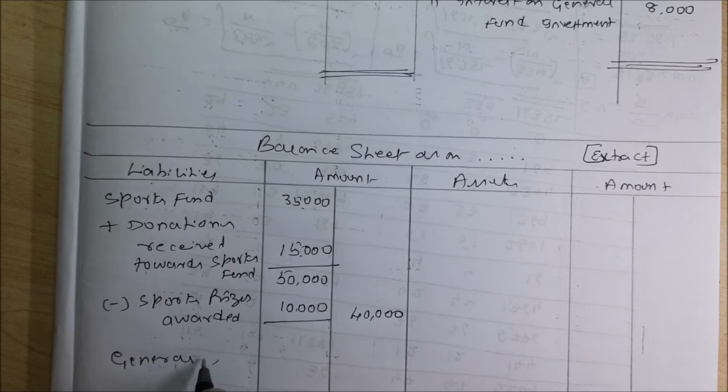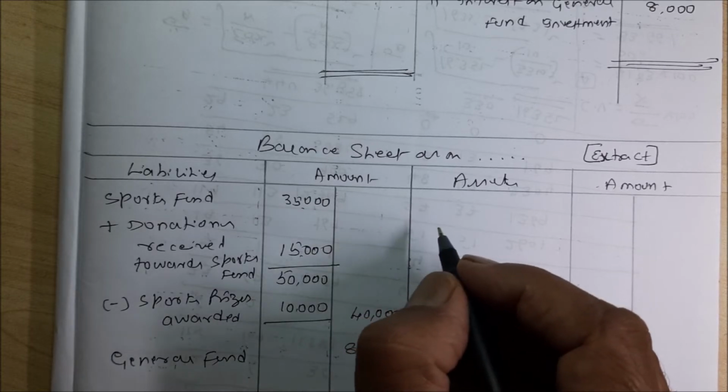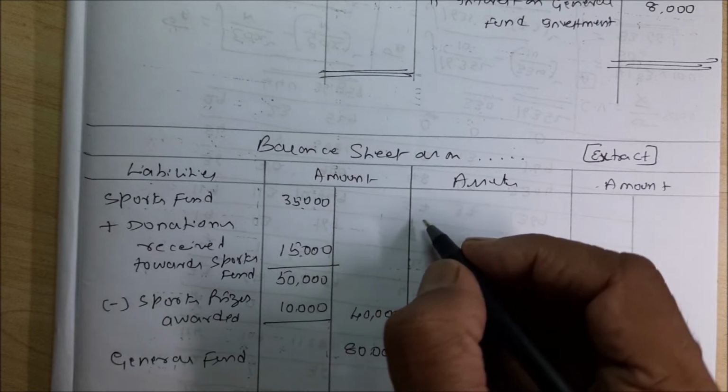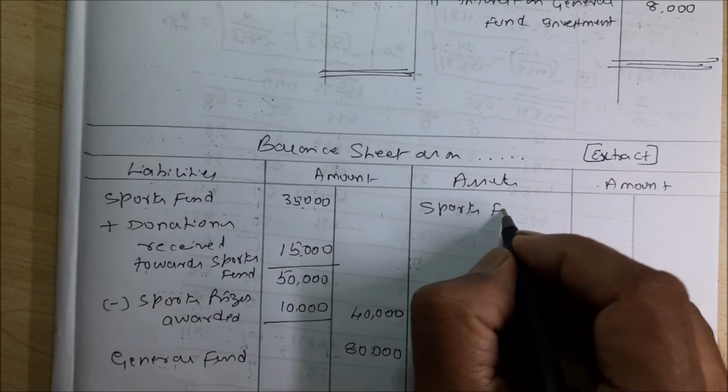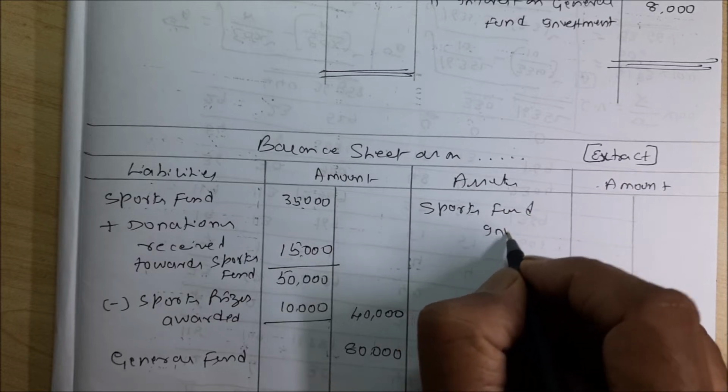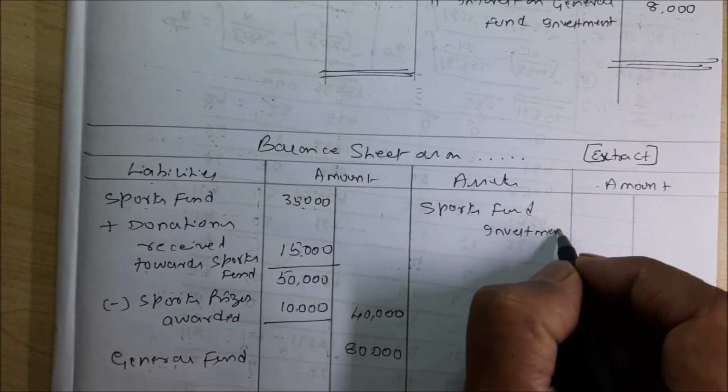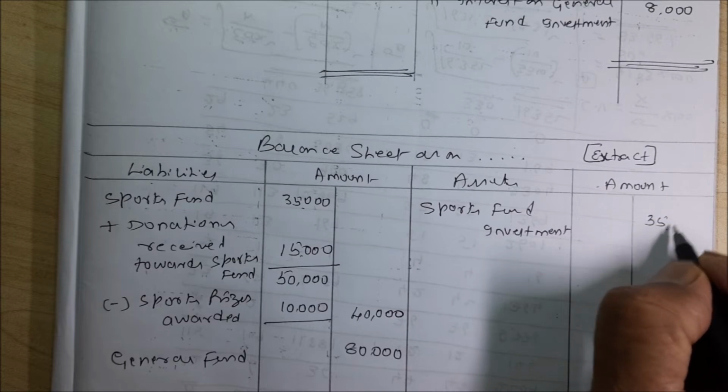General fund, it is 80,000, which has been invested. That is called, what do you mean by sports fund investment? Sports fund investment 35,000.